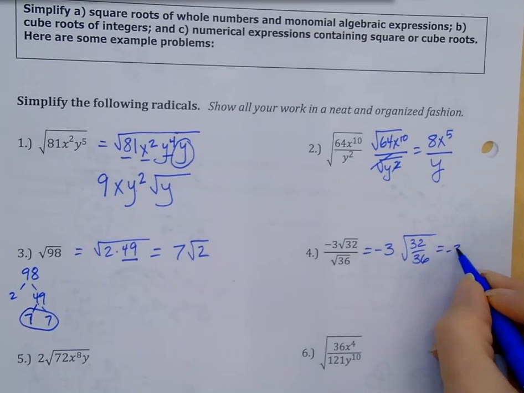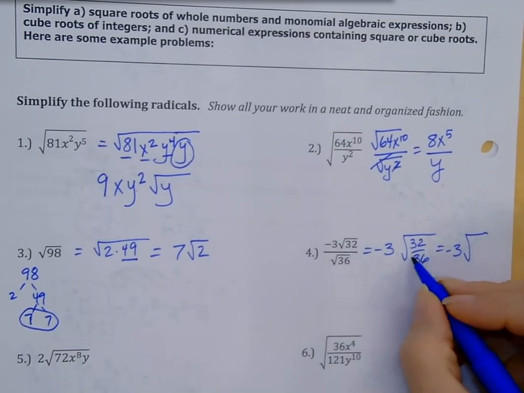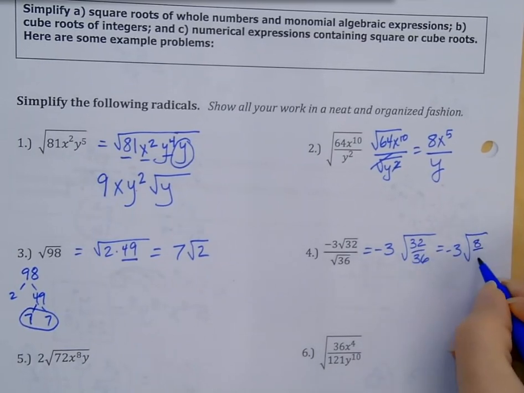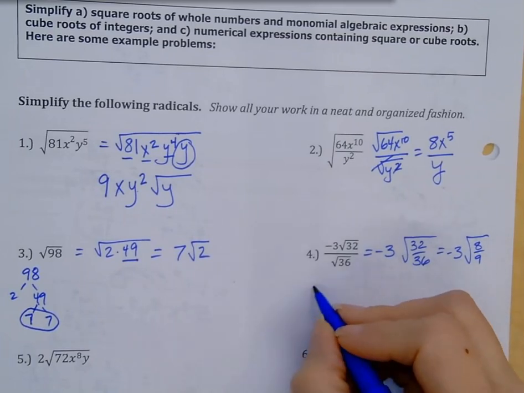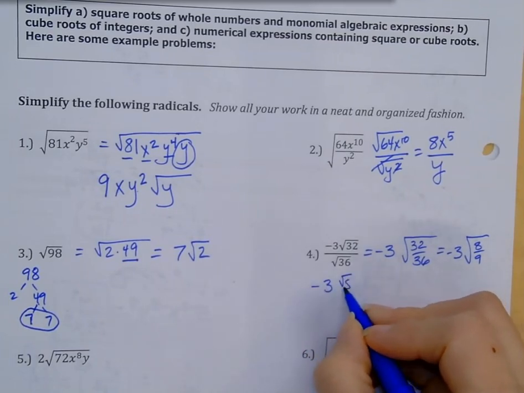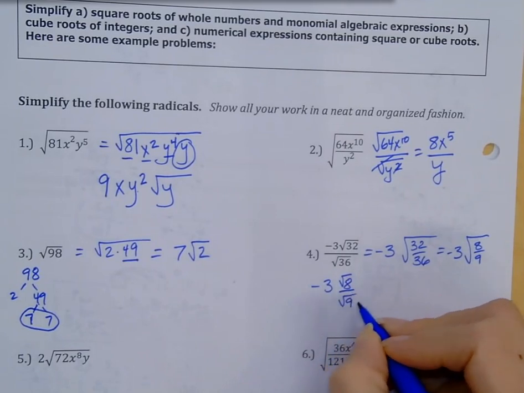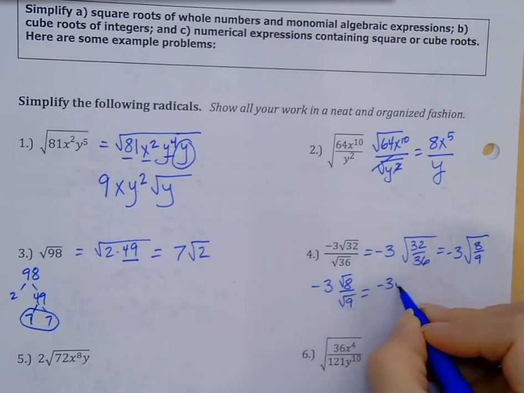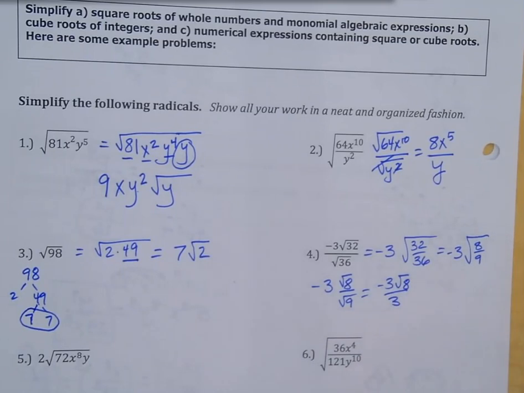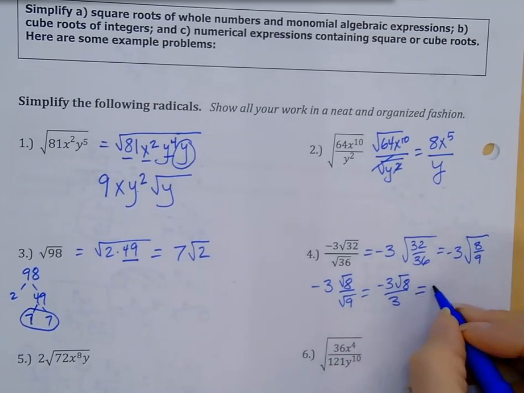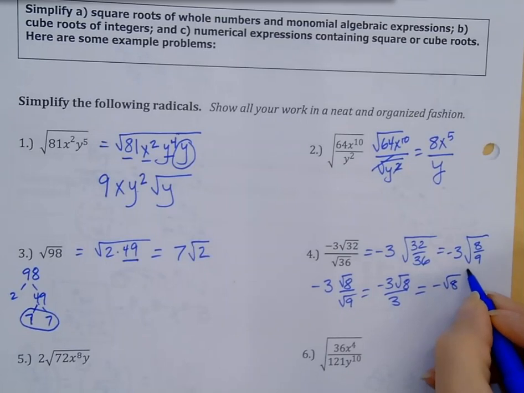So that's negative 3 times the square root of, let's put 4 into each of those, 8/9. Okay, I have negative 3 times the square root of 8 over the square root of 9, which is negative 3 times the square root of 8 all over 3, which is, of course, just negative square root of 8. Okay, that is my answer, negative square root of 8.